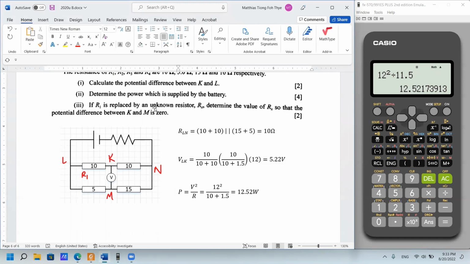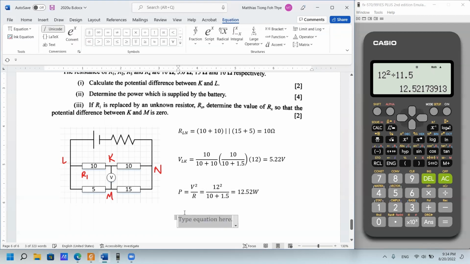If R is replaced by an unknown resistor, determine the value of R so that the potential difference between K and M is 0. This is similar to the Wheatstone bridge, so we can apply the Wheatstone bridge formula. When R1 is replaced by an unknown resistor, and we have a zero potential difference, the proportion of the resistances is equal.